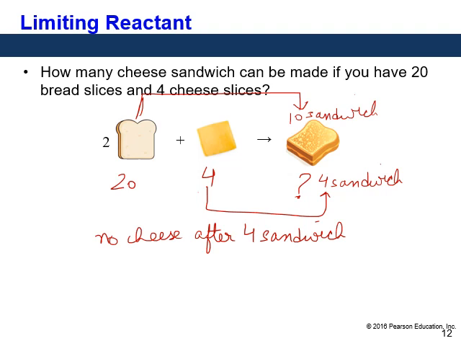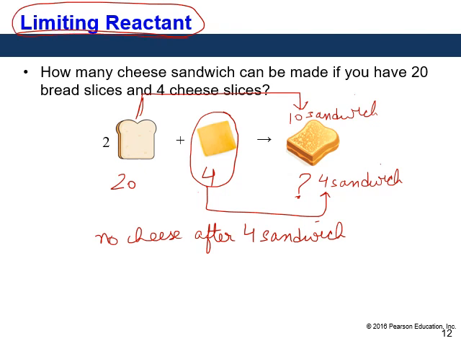I have some bread left, but just with bread, I'm not able to make a sandwich because one of my ingredients is over. So this one ingredient that is controlling how much product you can make is called the limiting reactant. It is limiting the amount of product being made.